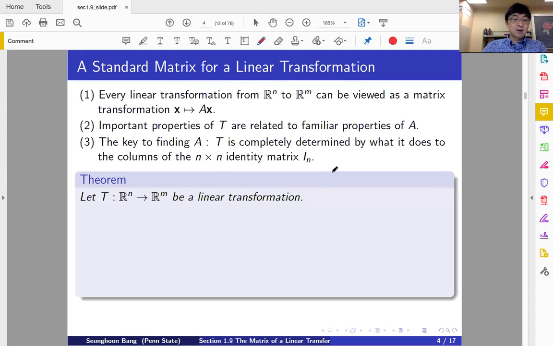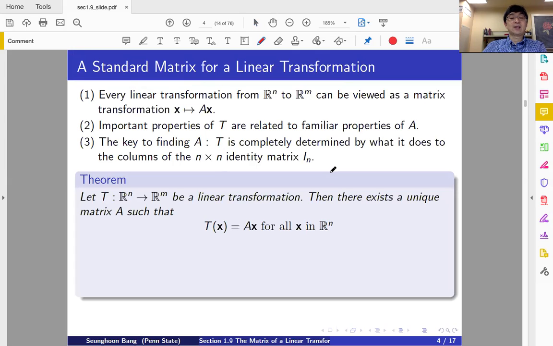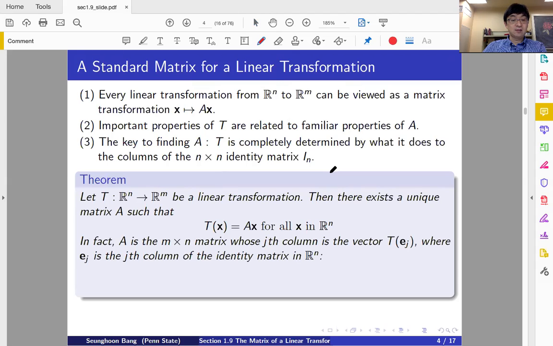Let T from Rn to Rm be a linear transformation. Then there exists a unique matrix A such that Tx equals Ax for all x in Rn. A is the m by n matrix whose jth column is the vector Tej, where ej is the jth column of the identity matrix in Rn.